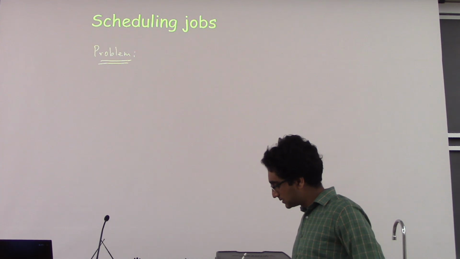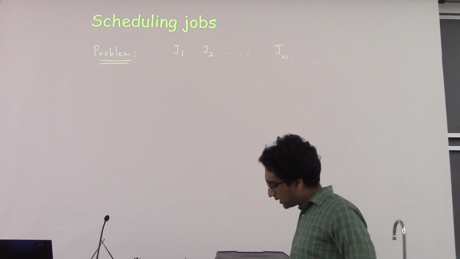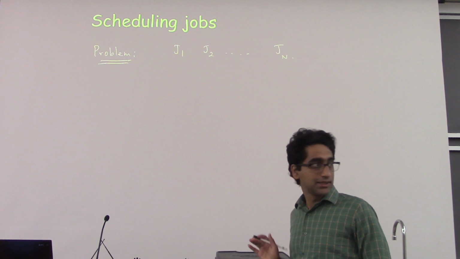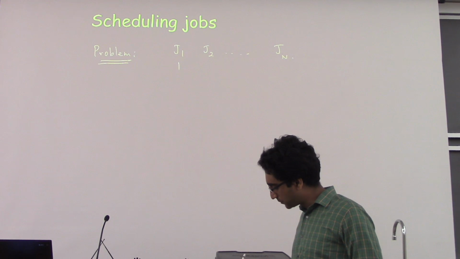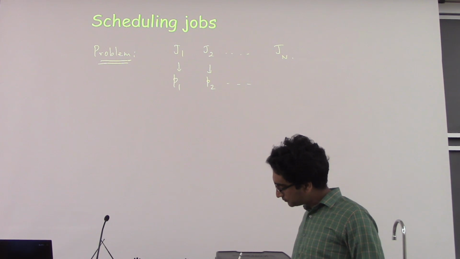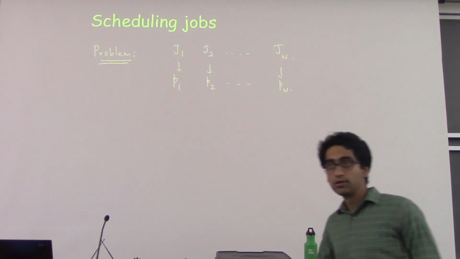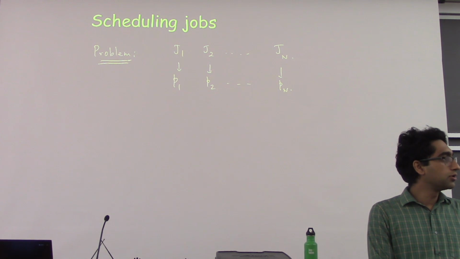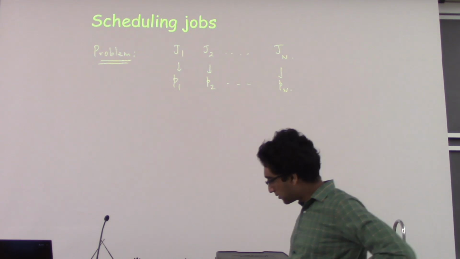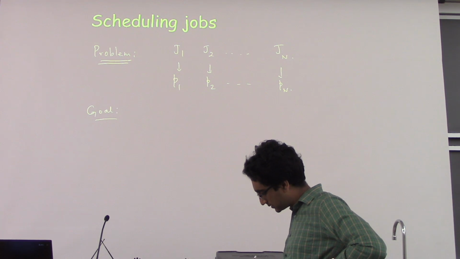So you have J1, J2 up to Jn, and each job comes with a processing time. J1 has processing time P1, J2 has processing time P2, and so on. This one has processing time Pn. Now the goal is to find a scheduling of these jobs. The goal is to schedule these jobs on one machine.